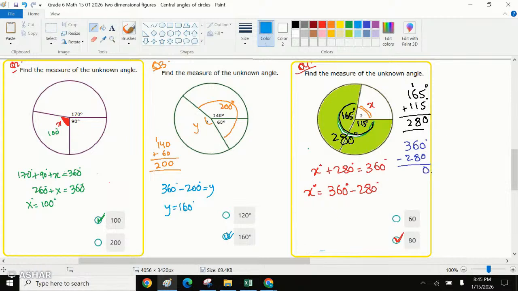But 6 minus 8 is not possible, right? So we carry from here, we do it over here. 16 minus 8 is 8 and this was 0. That means x comes out to be 80 degrees. Right? Agreed now?